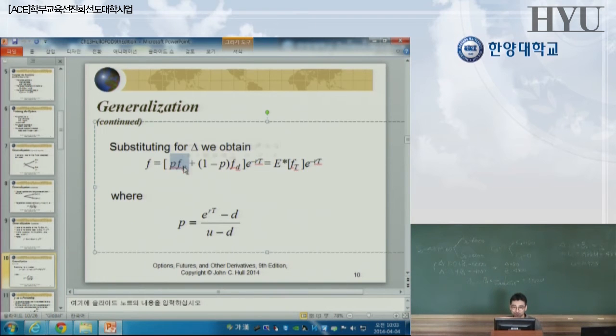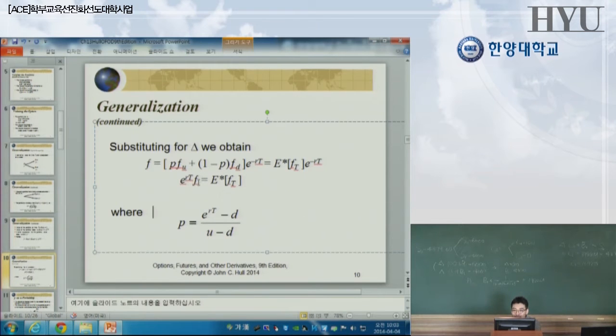So let's copy and paste. Then move it over here, right? And then we have to kill it minus, right? So we have this equation. Okay. Look at this equation, okay?